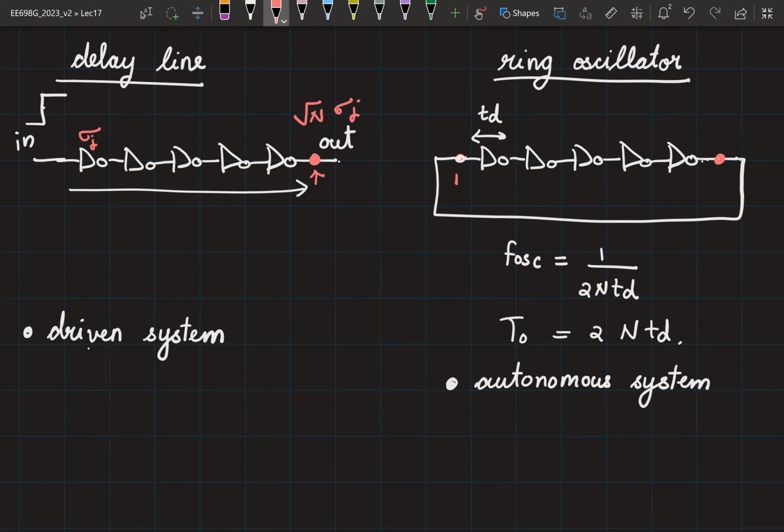What comment can you make about its RMS? With every cycle, it is going to increase, right? So this delay line has a bounded jitter, whereas the ring oscillator has unbounded jitter.